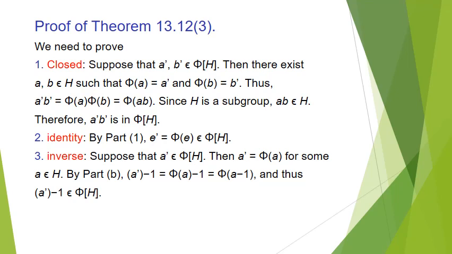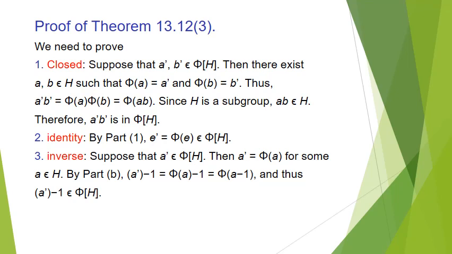So now let's go to our proof of the number 3 theorem. We need to prove first that it is closed. Suppose that a prime, b prime are elements of P(H), then there exist a, b elements of H such that P(a) is equal to a prime and P(b) is equal to b prime.